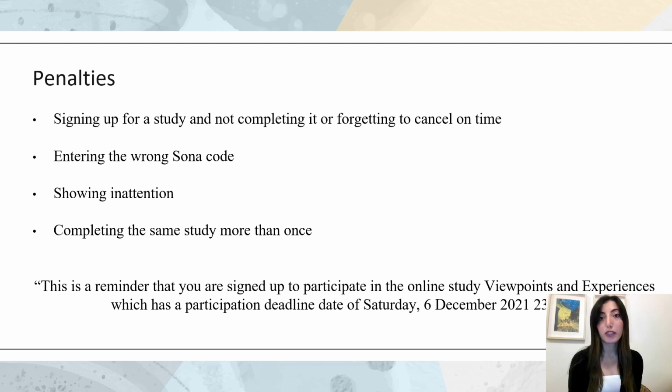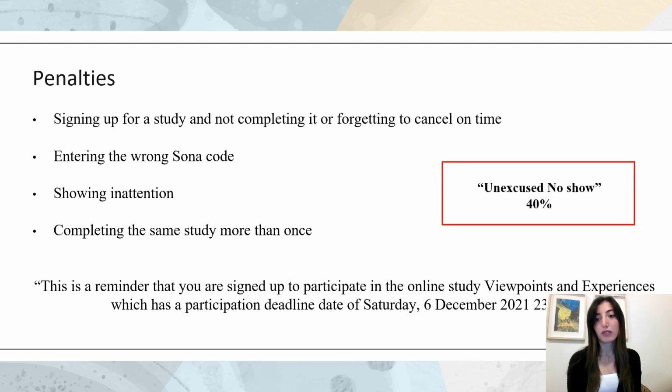So it's really important to note that this happens because when we administer online studies, they're administered using a third-party platform such as Qualtrics or SurveyMonkey, which are not really linked to SONA. So there is no way for SONA to know whether you have completed a study or not. So for that reason, it would be better for you to keep a written record of the online studies that you have signed up for and the ones that you have completed to avoid confusion.